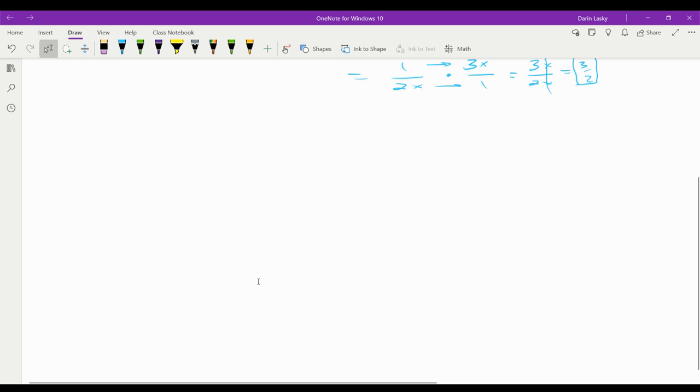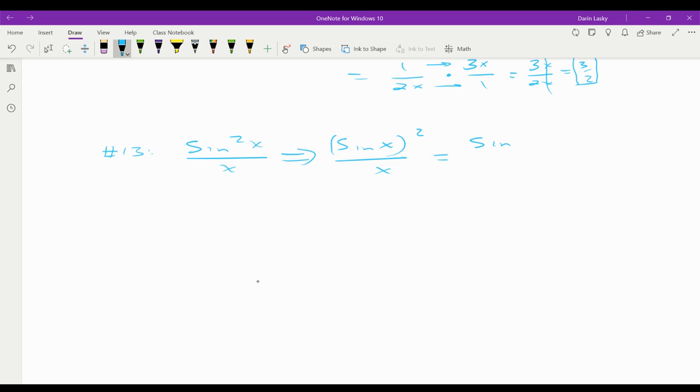One of the terminologies that you'd see would be, let's say, number 13. We have the sine of 2x over x. Now, I'm going to write it a little differently for you, and it may help you. I have a sine of x squared over x. So let's just separate this out into 2 pieces. I have a sine of x times the sine of x over just 1x.